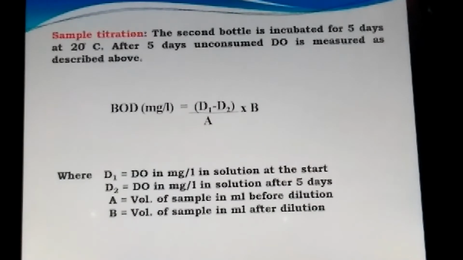A is the volume of water sample before dilution and B is the water sample after dilution.